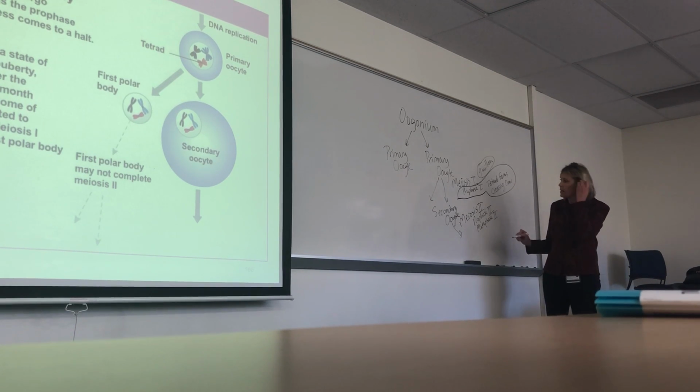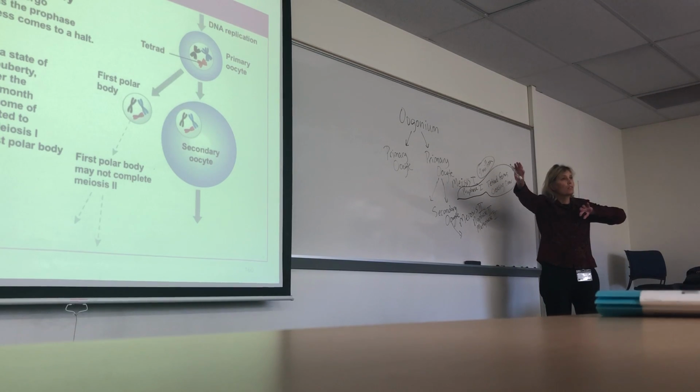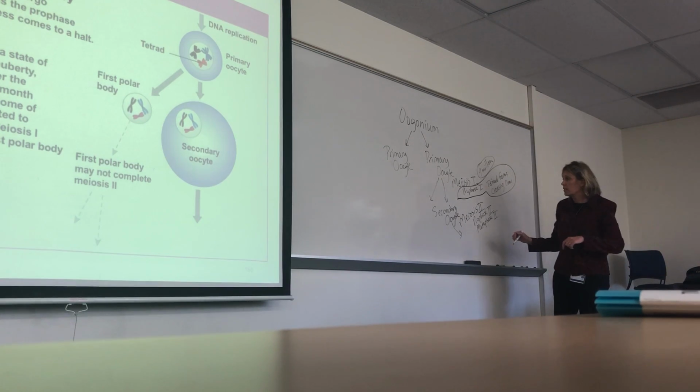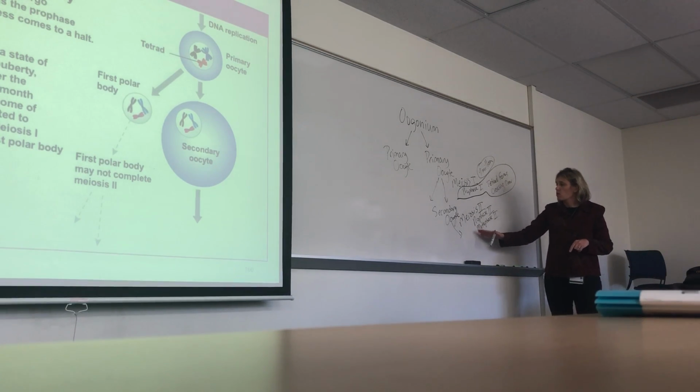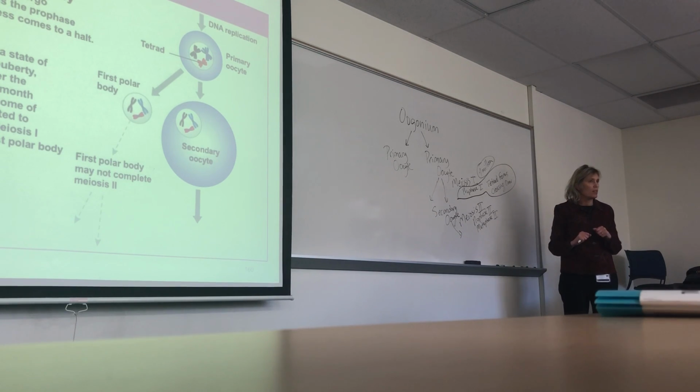All right. Now what's happening here is the tetrads had separated up here, and the maternal gene and its copy were over here, and the paternal gene and its copy were over here. And then in this meiosis II, the chromatid splits into separate chromosomes, daughter chromosomes.